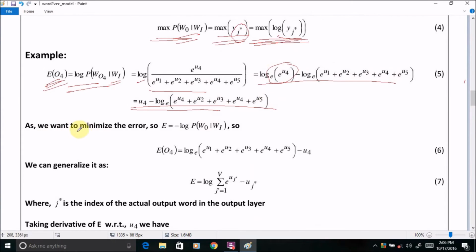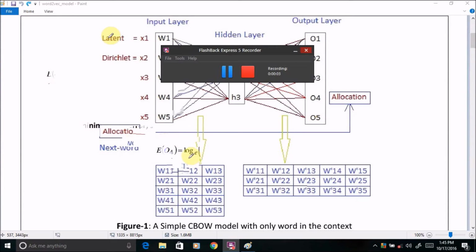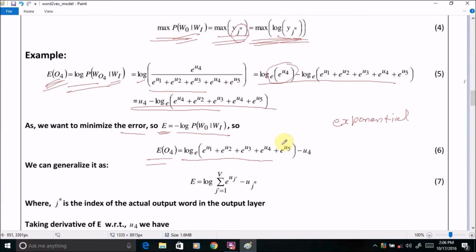Now as we want to minimize the error, we can take E as the negative of the log of the conditional probability of word w0 given wi. So in the current case, our error will be equivalent to log of e to the U1 plus e to the U2, where e is represented as exponential, exponential of U1 plus exponential of U2, and like that.